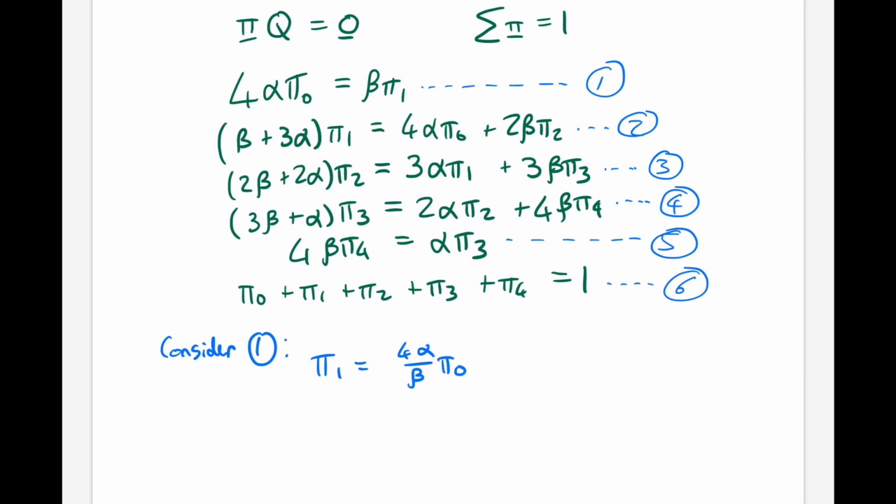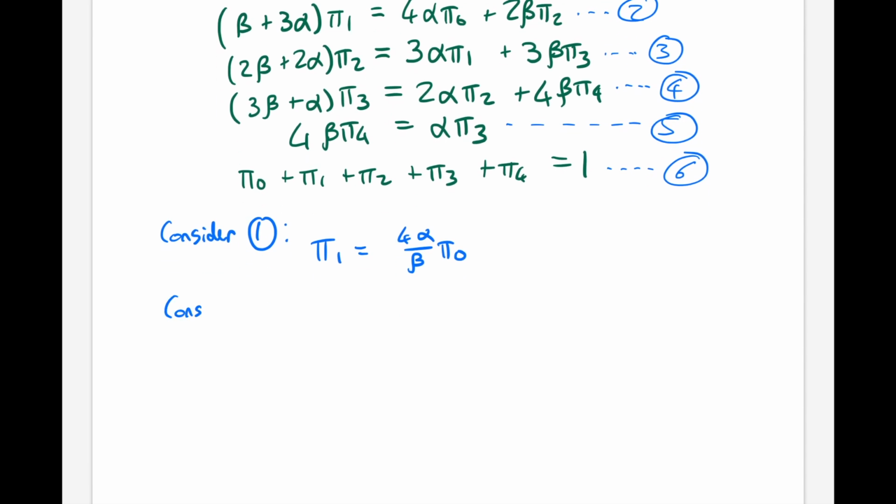For pi 2, we can consider equation 2. This is an equation of three unknowns, pi 0, pi 1 and pi 2, but we have pi 1 in terms of pi 0. So we can write this as beta plus 3 alpha, 4 alpha over beta pi 0. That is equal to 4 alpha pi 0 plus 2 beta pi 2.